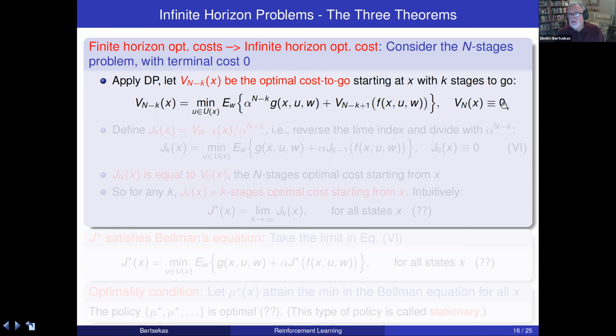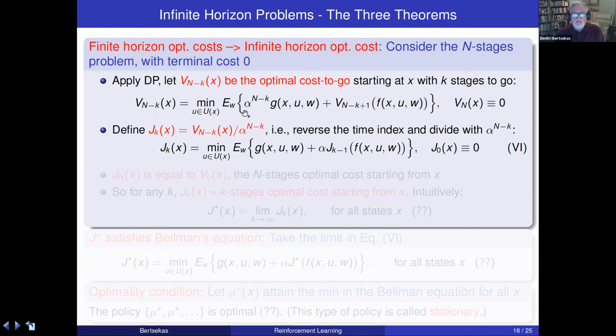V sub n is 0, and k stages from the end, the optimal cost to go is given by the dynamic programming algorithm. This is the cost of the stage, which has a discount factor, as we have assumed. So this is the dynamic programming algorithm for the finite horizon problem.